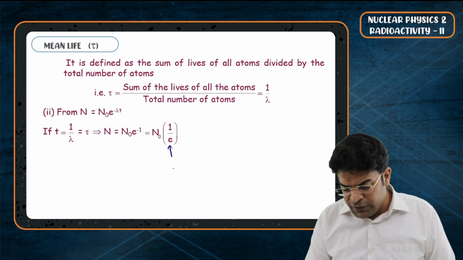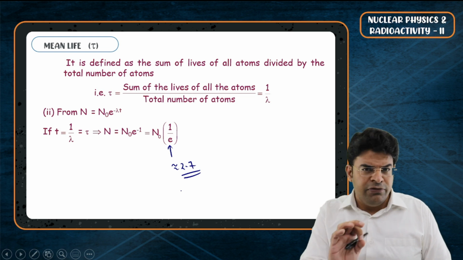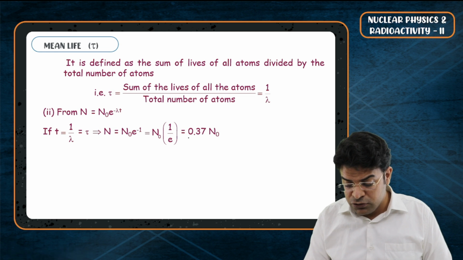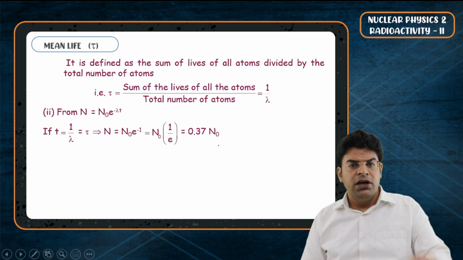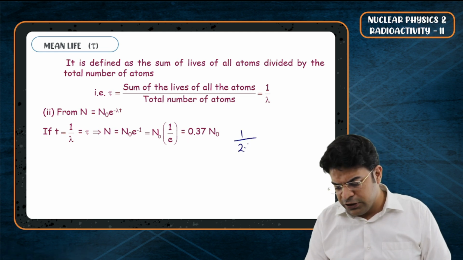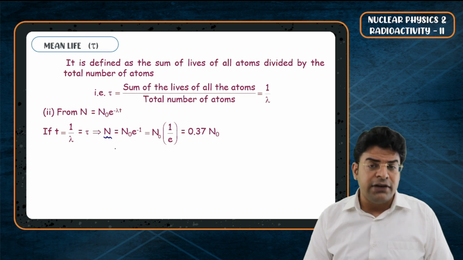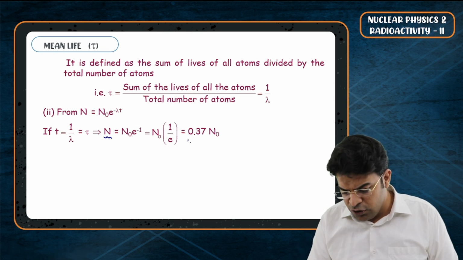The value of e is nearly equal to 2.7. So when in place of e we substitute 2.7 and calculate the number of active nuclei, we get it to be equal to 0.37 N naught. Take out the calculator, do 1 upon 2.7, you will get a number nearly equal to 0.37. So the number of active nuclei after 1 mean life is 0.37 N naught.